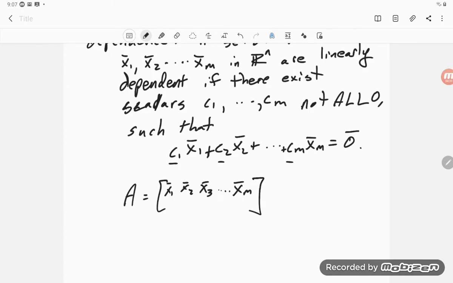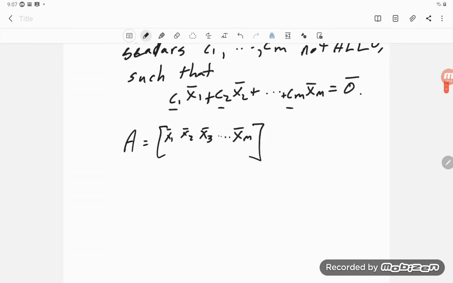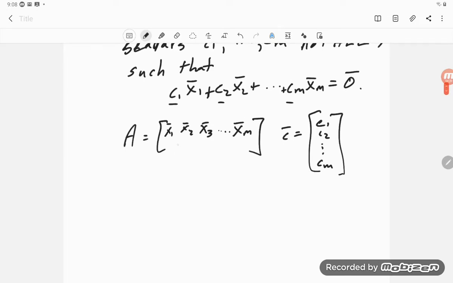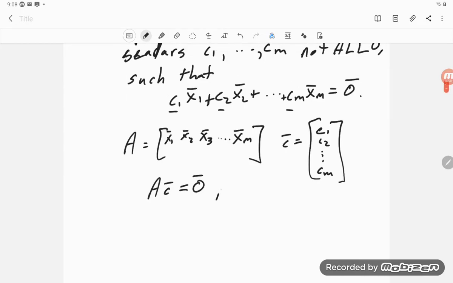So if I let A equal that and C equal C1, C2 down to Cm, you see what this is saying: if I can take the columns of matrix A and take A times C, get 0, right?